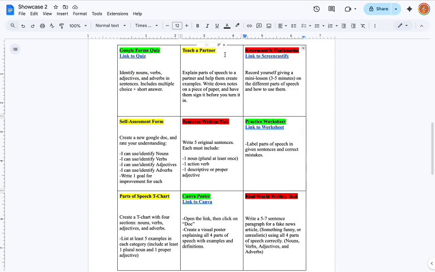Next would be the medium. We have our Teach a Partner, self-assessment form, and parts of speech T-chart. The Teach a Partner is more challenging since it's them teaching, but it's also just briefly going over notes as to what each part of speech is, so it's still not quite hard yet. And then we have the self-assessment form, which again is more of a medium assignment.